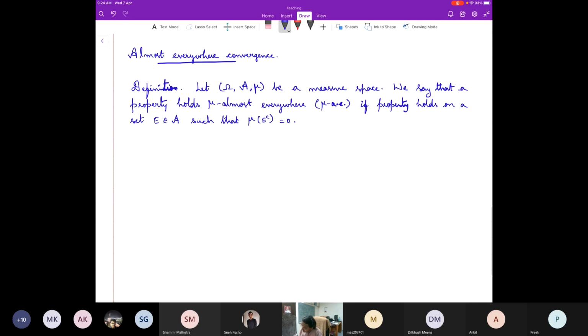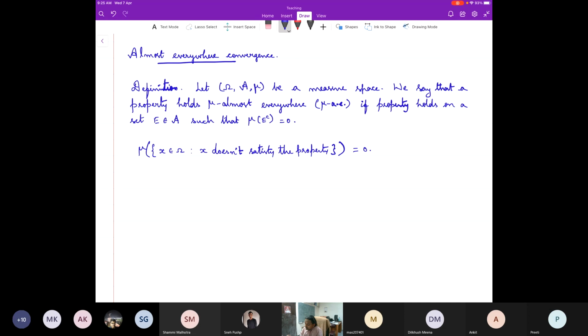Right. That means what? All those x in omega such that x doesn't satisfy the property, this set should have measure 0.